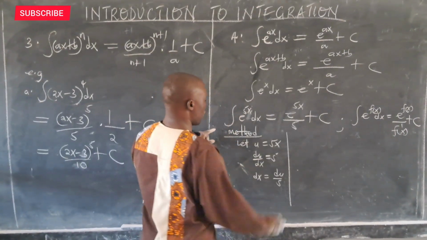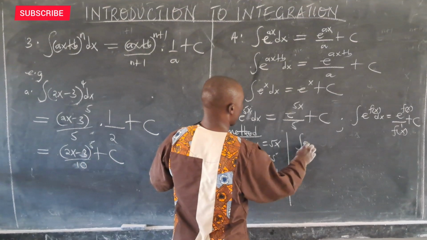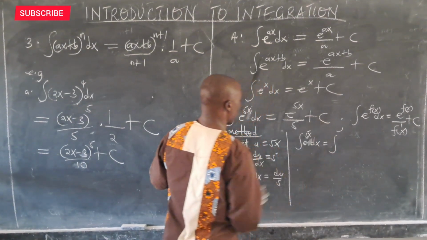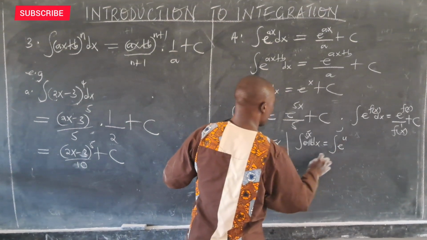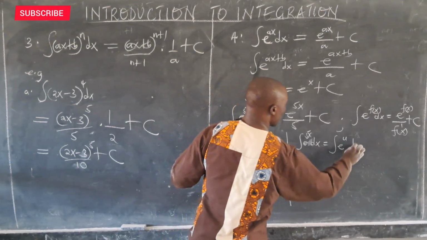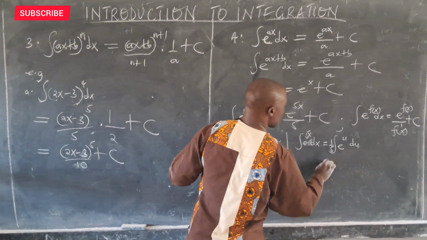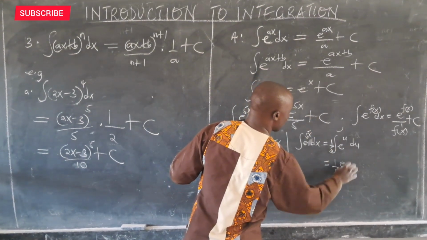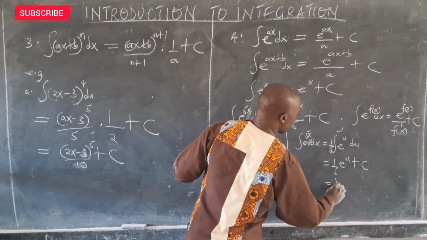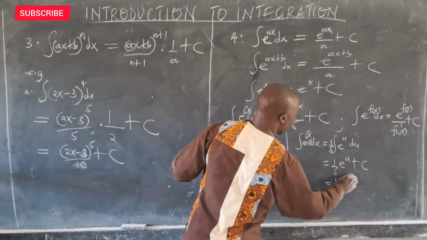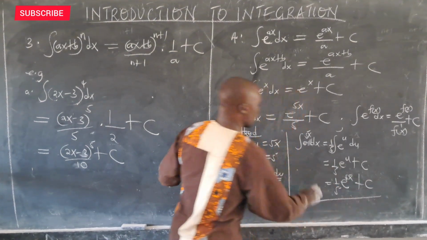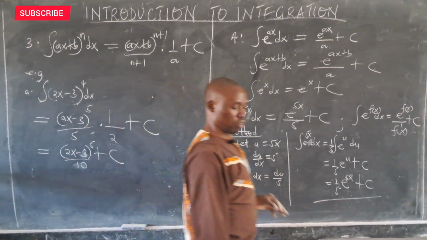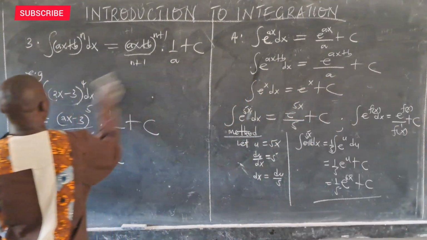So going back to this, integral of this dx becomes integral of e to the power u, then dx is du out of 5. So integrating this expression remains the same thing. So this is 1 out of 5 e to the power u plus c. That gives us 1 out of 5 e to the power 5x plus a constant c. So that is the expanded way, but this is explained deeper under integration of exponential functions.